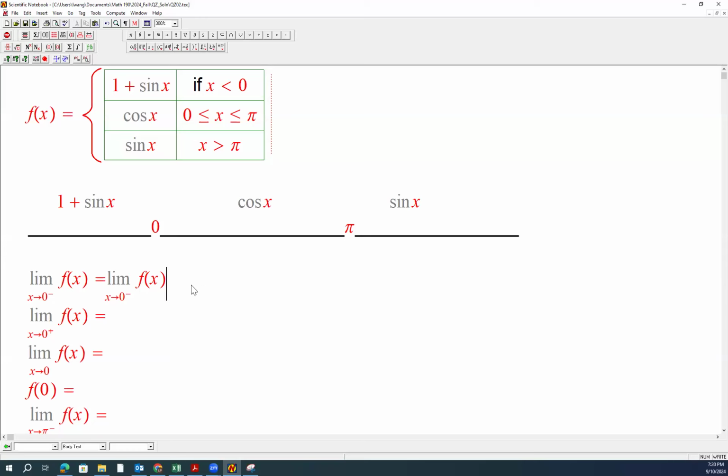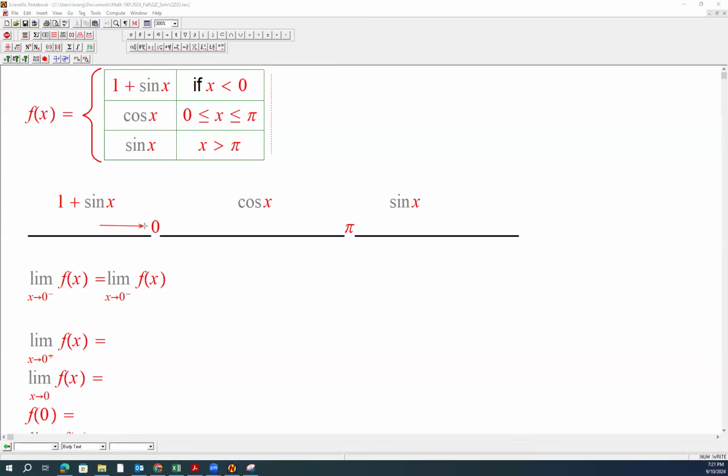So let's look at the first one. As x approaches 0 from smaller than 0, obviously we are approaching 0 from this side. If I put an arrow, we're approaching 0 from smaller than 0. That's the setting. And which rule does it apply?